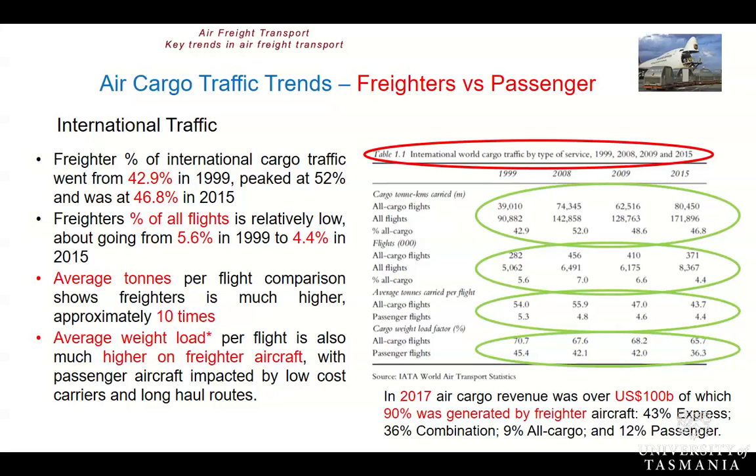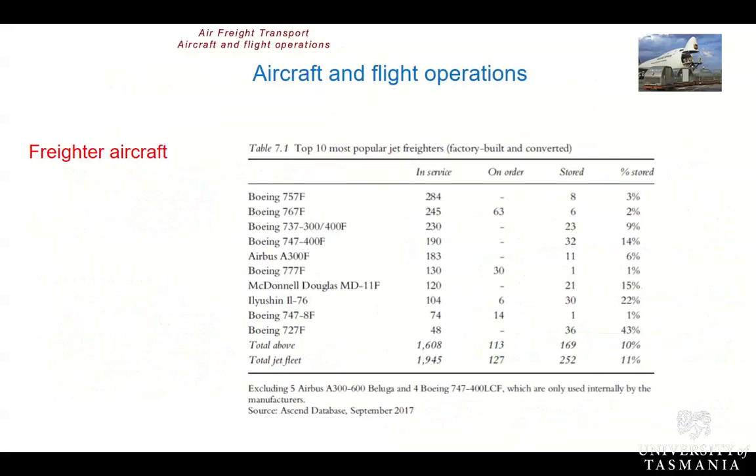So once again, just highlighting the importance of the freighter to the overall air cargo industry. As we can see there, express traffic accounted for 43%. The combination carrier freighters that they were moving was 36%. All cargo carriers at 9%, and passengers at around about 10 or 12% of revenue.